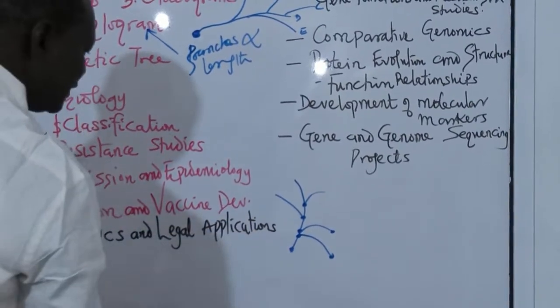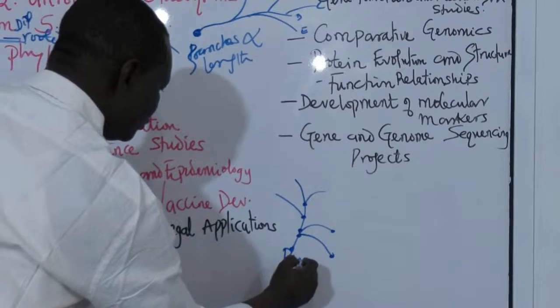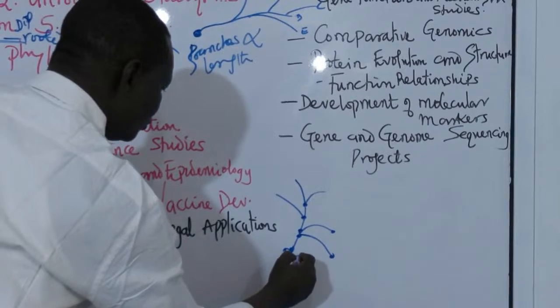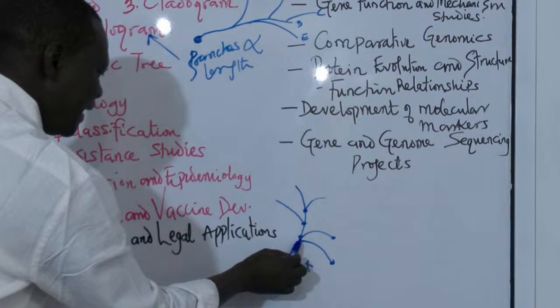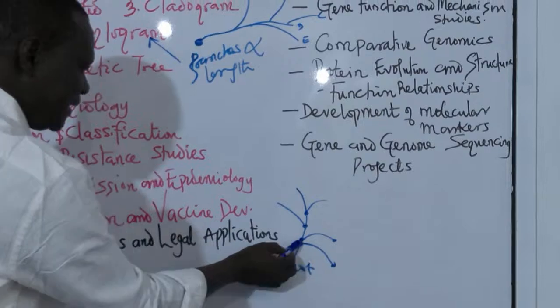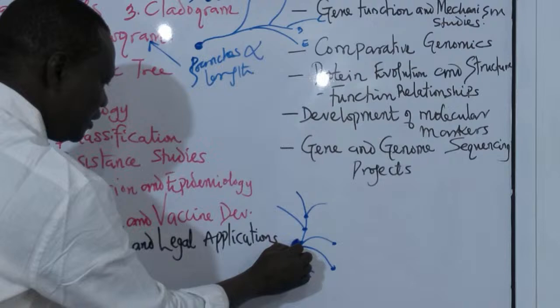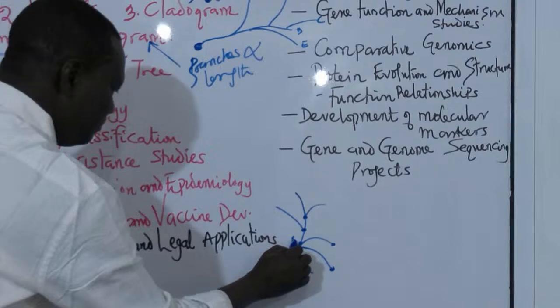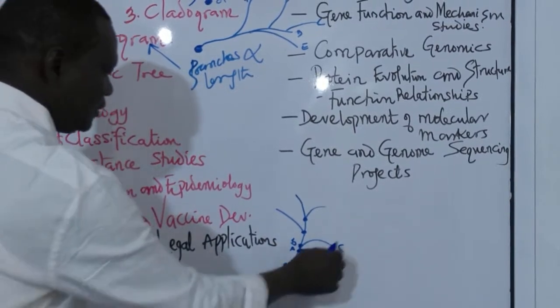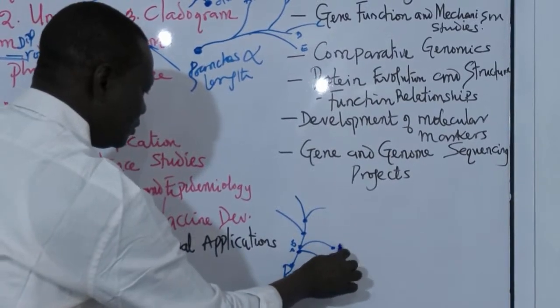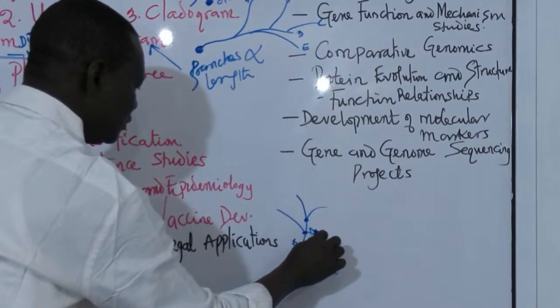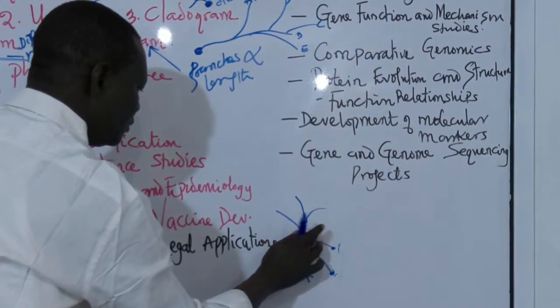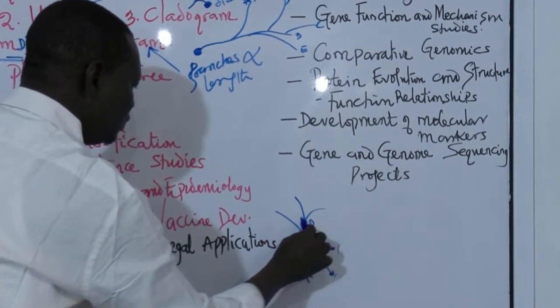What this means is that, if this is the root, there is a small similarity between A and B than C and D. Sorry, if this is C, this is D.